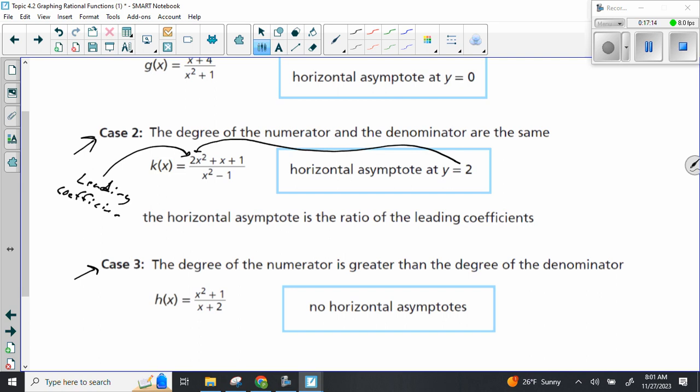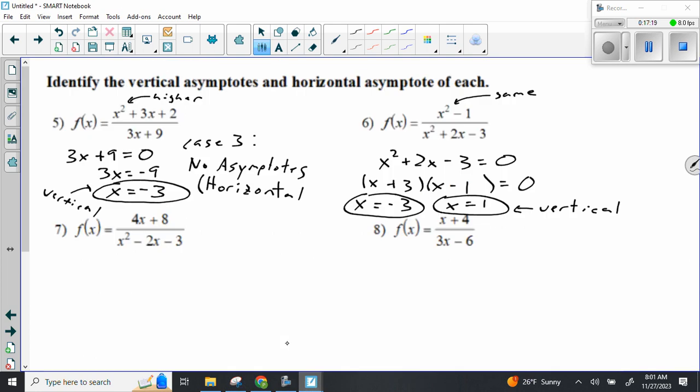What is the leading coefficient of the problem we're working on? It looks like our leading coefficient is 1 because there's a little invisible 1. So we would say that there is a horizontal asymptote at y equals 1.